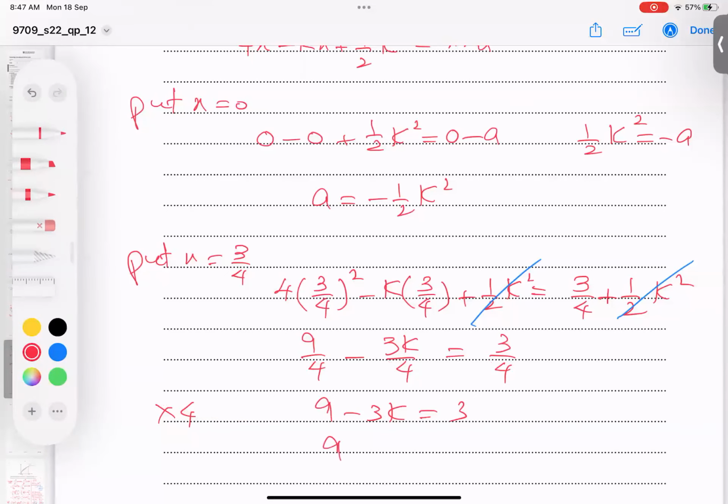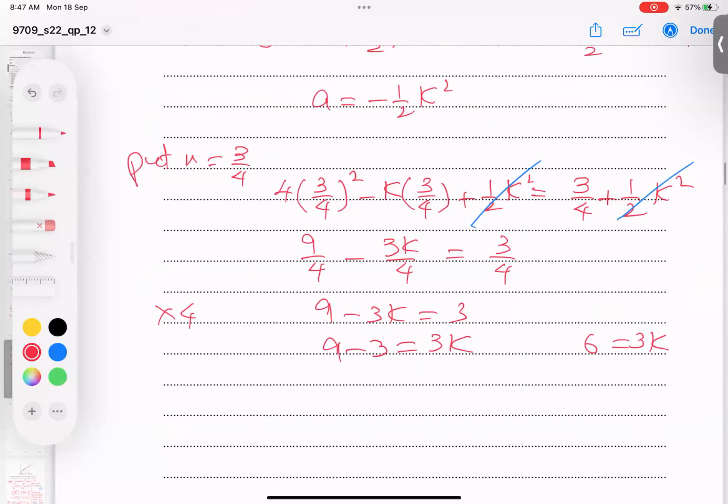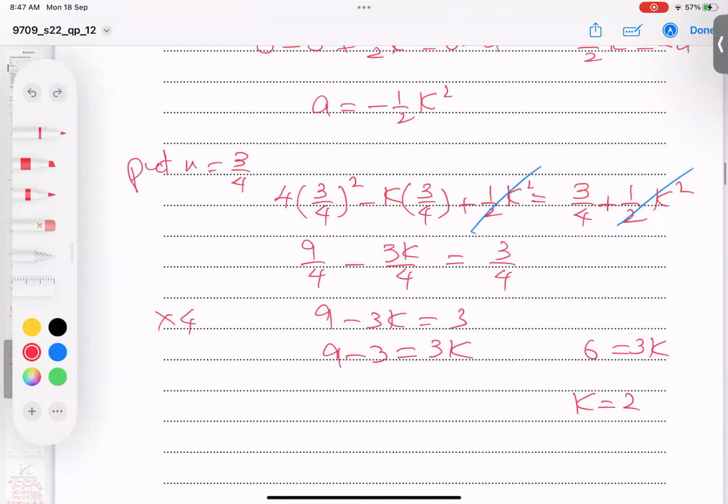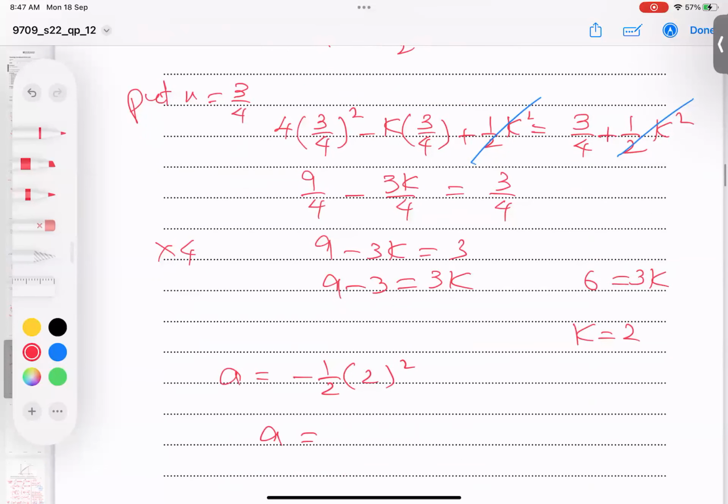So I'm getting 9 minus 3 is equal to 3k. I get 6 equal to 3k, and the k value is coming 2. The question is not completely over. I have to put this value here and get the a value. So what is the a value, students? Negative half times 2 to the power 2, and the a value is coming here, negative 2.